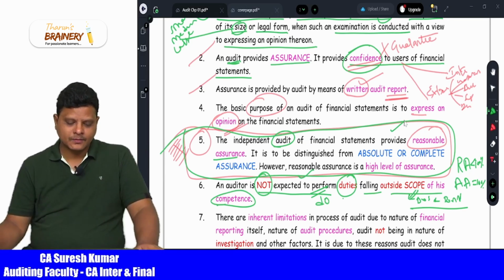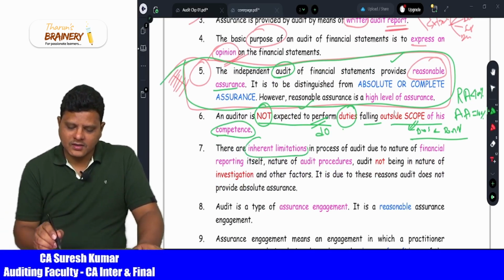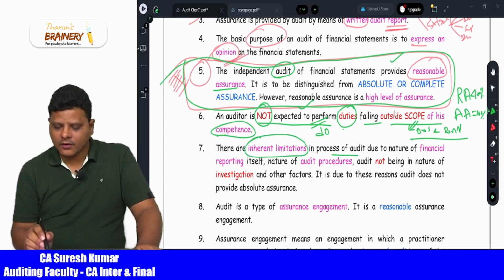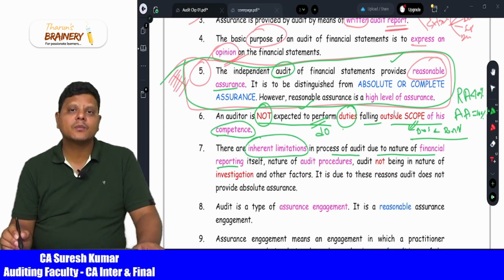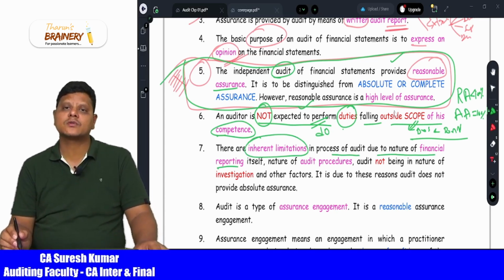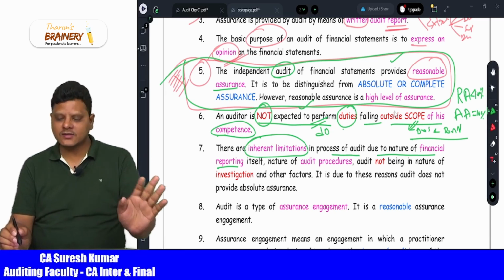Next, there are various inherent limitations in the process of audit due to the nature of financial reporting. Who is responsible to prepare the financial statements? Management, TCWG, those charged with governance, is responsible to prepare the financial statements.